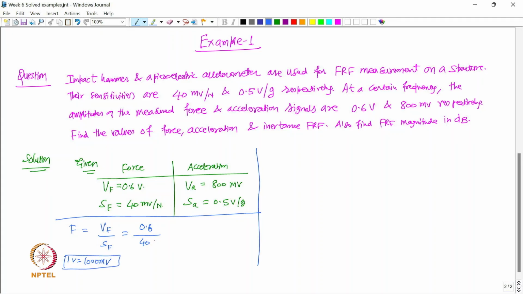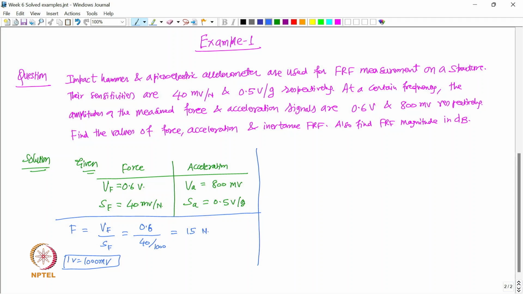So, 40 upon 1000 gives me the sensitivity in volt per Newton, and then this basically gives me 15 newtons. So, the force that has been measured as 0.6 volt corresponds to 15 newtons of force, correct.